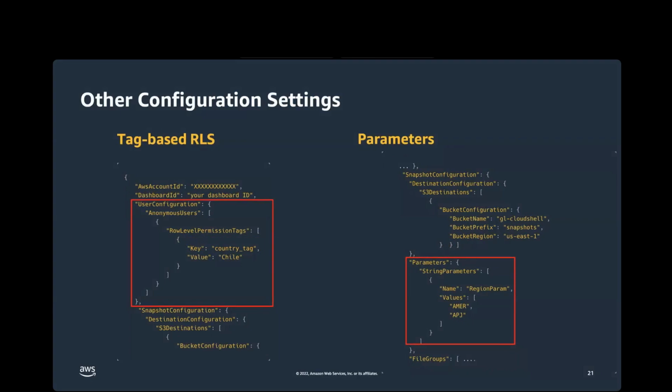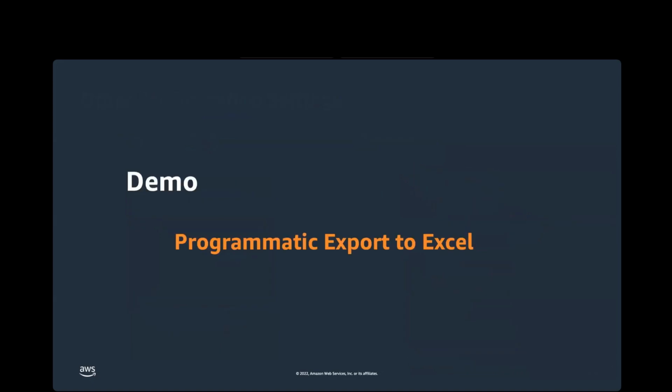You can also include parameters in the snapshot configuration. The parameters act like filters on the exported data. The following example that you see here on the right uses a multi-value parameter called region param. And with that, we're going to go now into the demo section of our webinar.